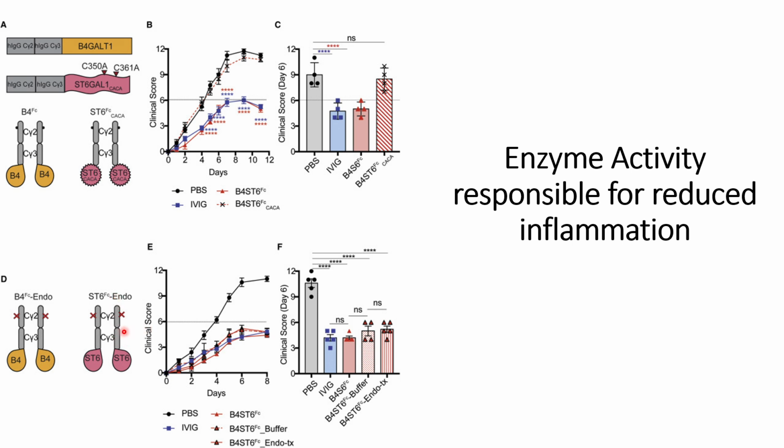And what they found is that even though the sialic acids are cleaved off because of the presence of this enzyme, they see a reduction in inflammation. That can be seen here: for the PBS the clinical scores are high, whereas for the case where B4ST6FC and endo-TH are used, where the sialic acids are cleaved off by this enzyme, they see reduced inflammation.